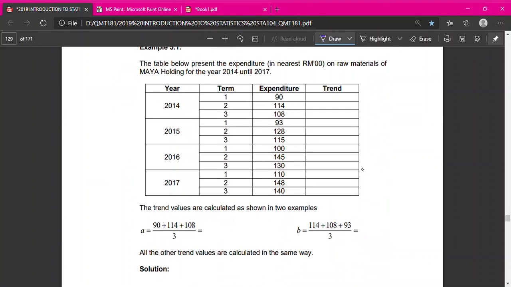Once you have calculated the trend, add 3 divided by 3 for all, and you get the value. Same here. Here we took a 3-period moving average. Add 3 divided by 3. Here there will be no value, and at the end there is also no value. Let's say you want to forecast the trend for the first term of 2018. Want to forecast this here. Here there is a value. So first you must find the trend increase. The trend increase is like before: the value here minus the value here, divided by the number of trends minus 1. Okay, you get the trend increase per quarter.